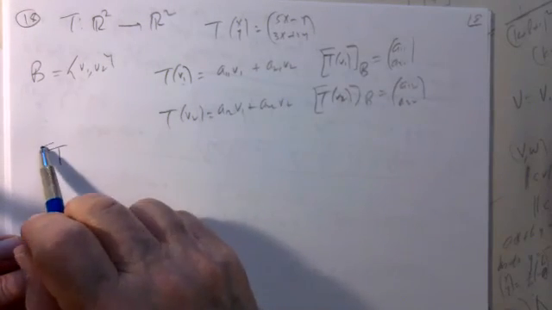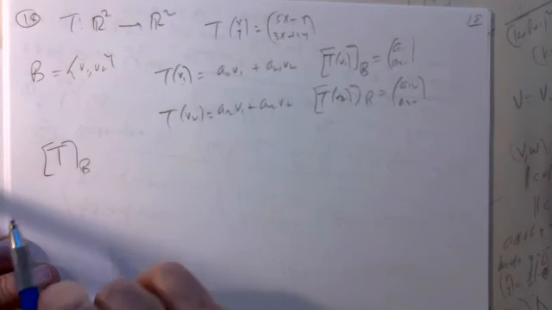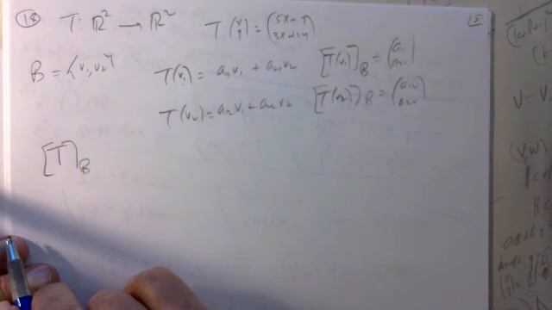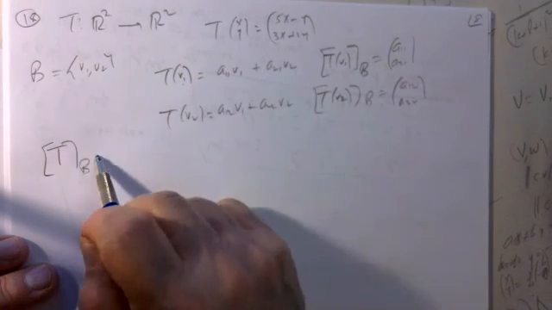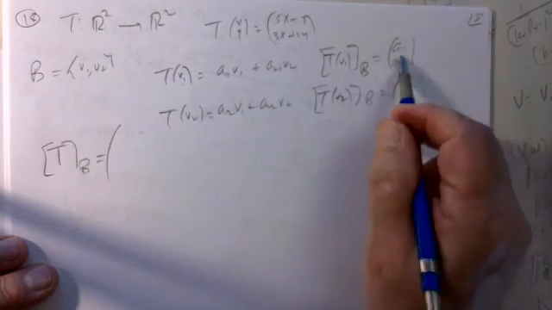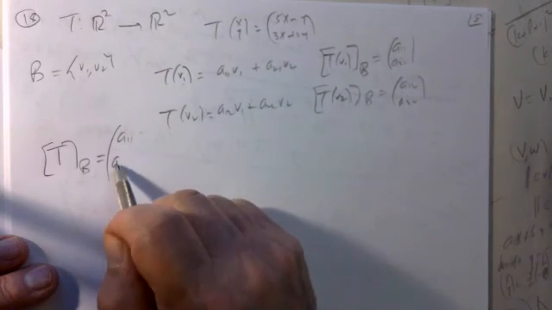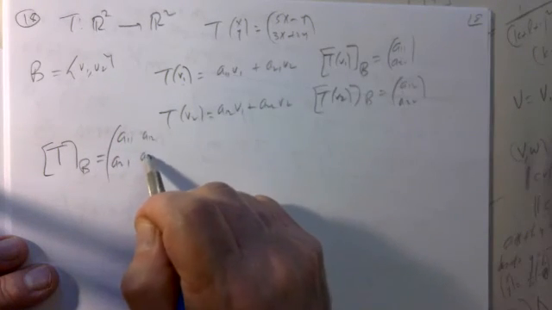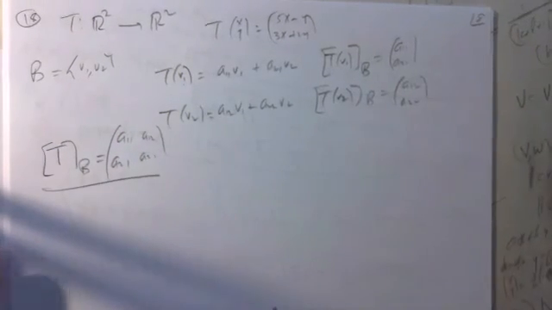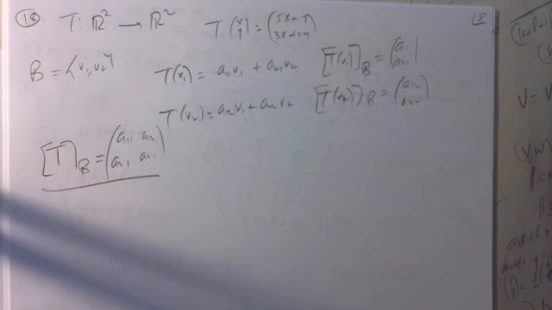And then the matrix for T with respect to this basis B is a11, a21, a12, a22. That's the definition of the matrix of a linear transformation with respect to a basis.